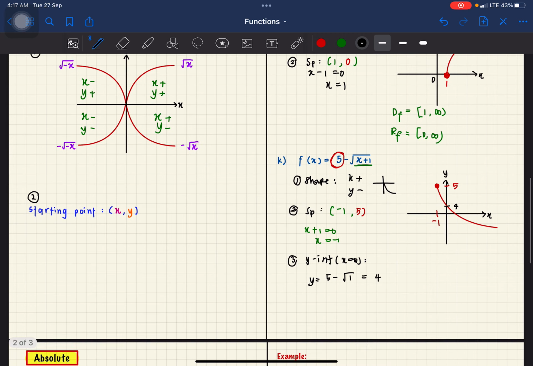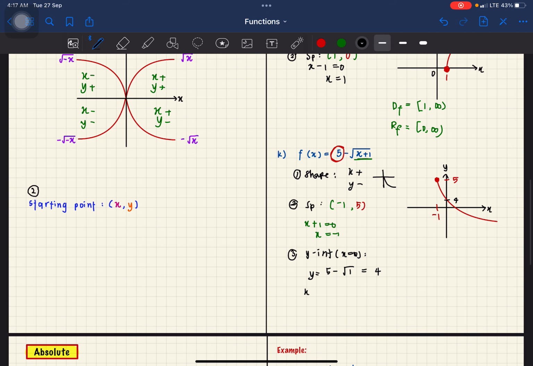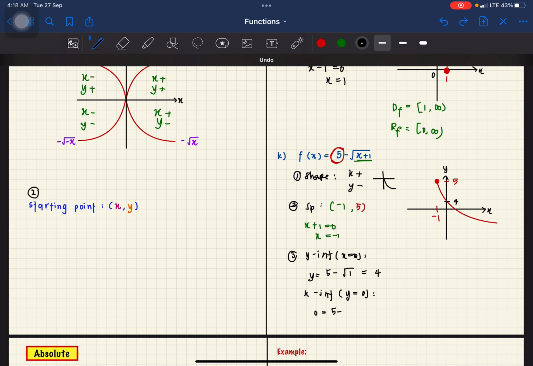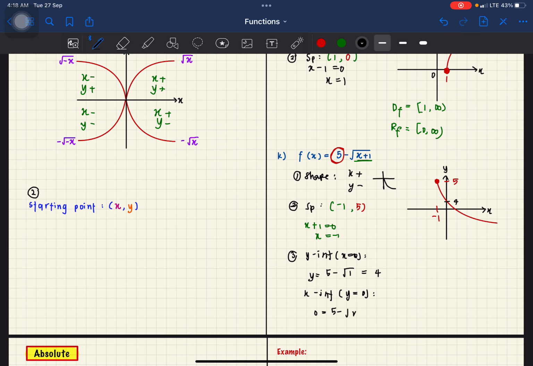So let's find it. So x-intercept is when y equal to 0. So you have 0 equals to 5 minus square root of x plus 1. Like this.